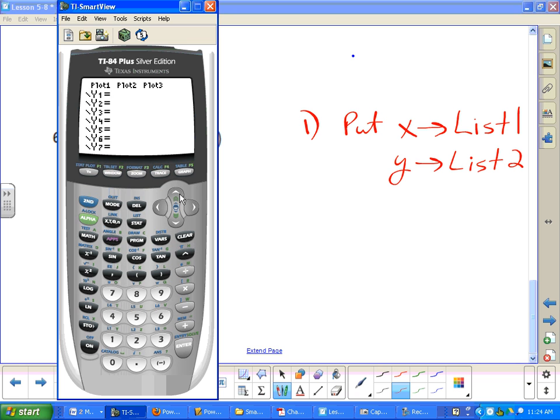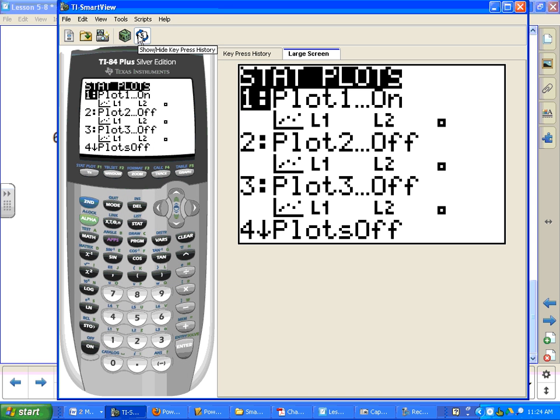So if you just go to your y equals and go up to plot 1, hit enter, that should turn your scatter plot on. Or you can go to second y equals and check to make sure it says plot 1 is on, and then looking at the picture here, it should show just a bunch of dots for a scatter plot.